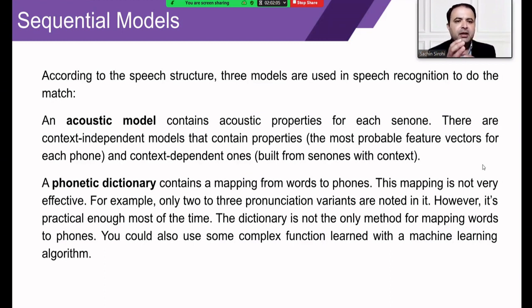The analog signal is translated into digital, and then it will find the pattern, perform some calculative work, and the machine takes a decision. There are context independent models that contain the most probable feature vector for each phone, and context dependent ones built from phones with context.